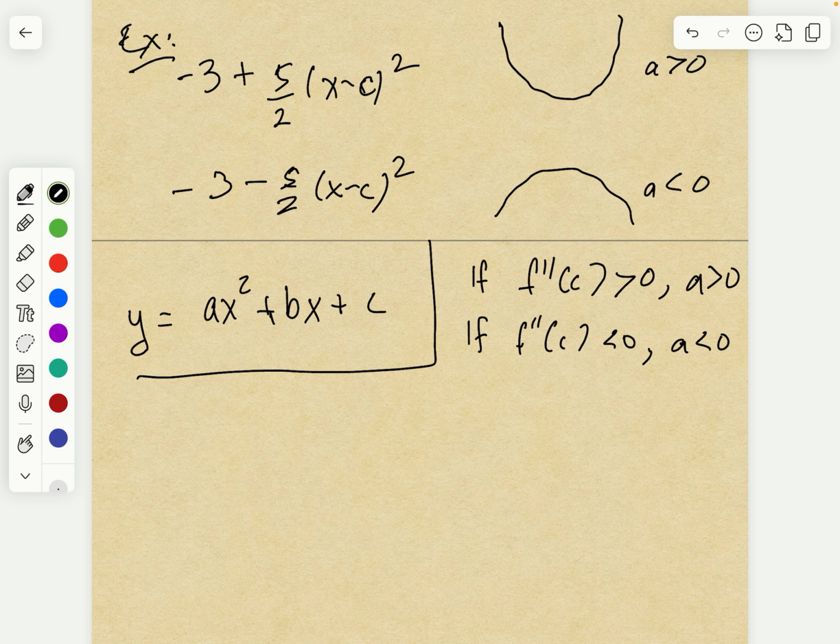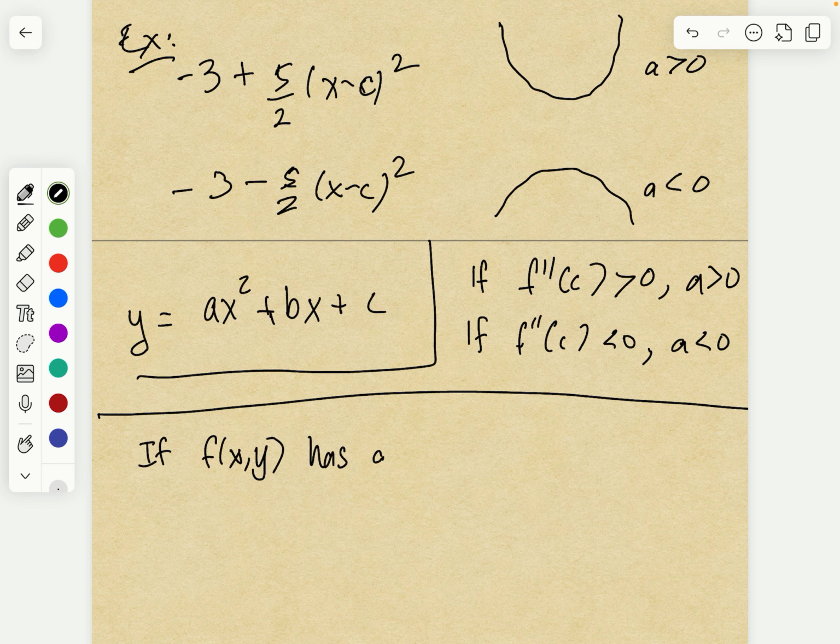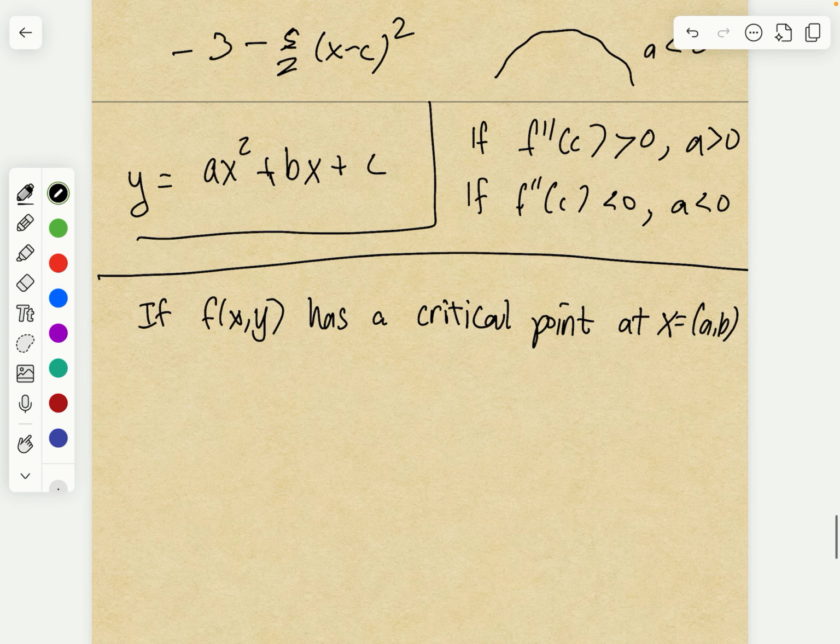So what happens is that when you have a function f of x, y, let's say that f of x, y has a critical point at the point a, b.